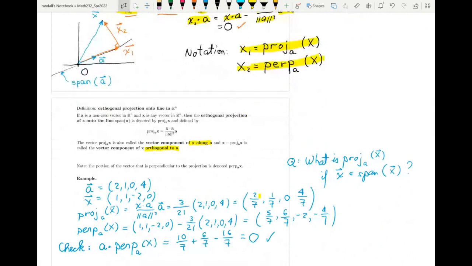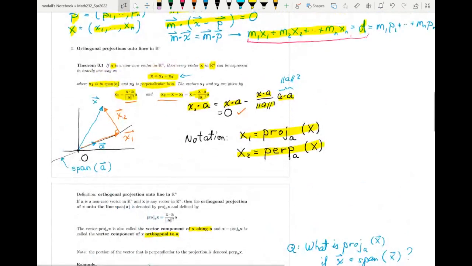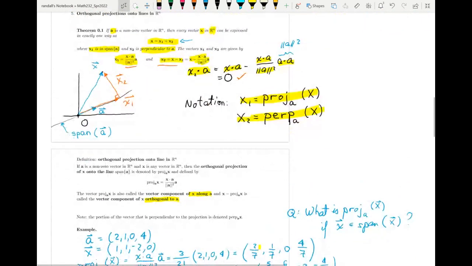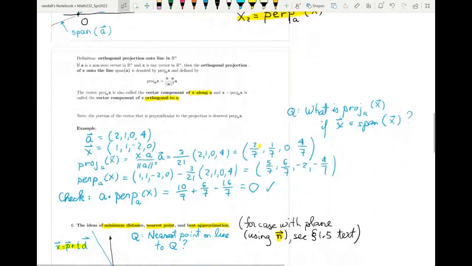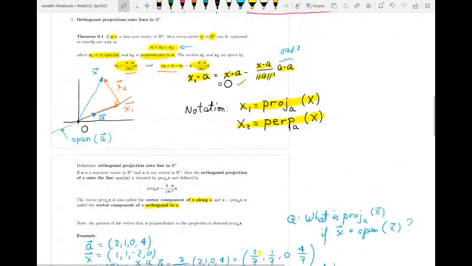Okay, so that's projection onto a vector, or we say it's projection onto A or onto the span of A. It's the same thing. We get the same vector. So orthogonal projection onto a line in Rn. Notice the term, we have the term orthogonal here. Just to bring it to your attention, there are other projections in linear algebra. We won't talk about them here in this course. But this orthogonal projection, when you see that word orthogonal there, it's referring to this property that one vector is along the subspace and one vector is orthogonal to it.